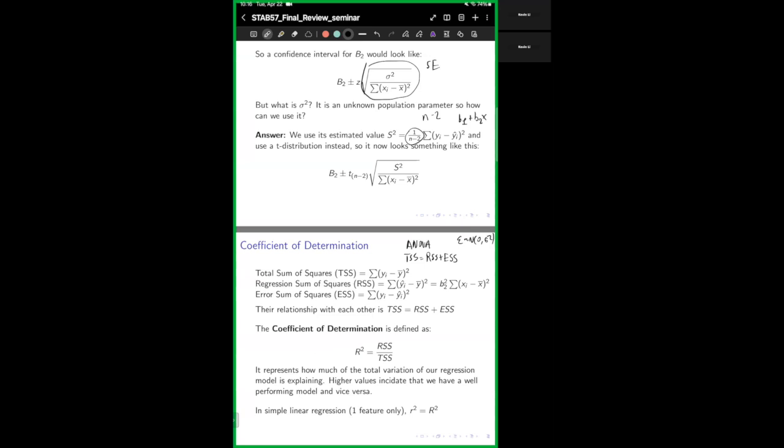This explains how much our regression model is explaining. Higher values indicate a very good model, one that fits very well with a very small error sum of squares in comparison. When the regression sum of squares is approximately equal to the total sum of squares, the R squared value is very close to 1.